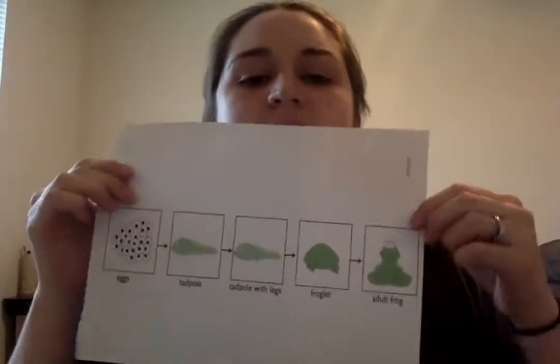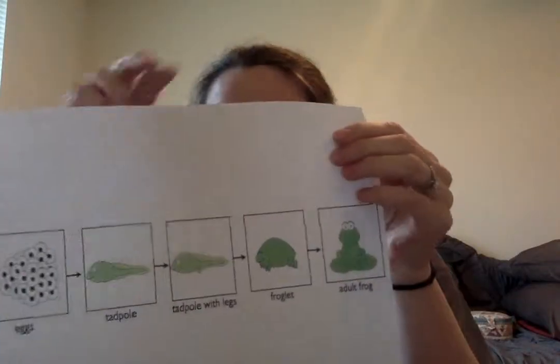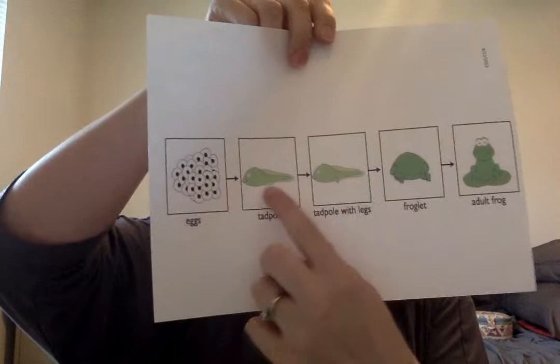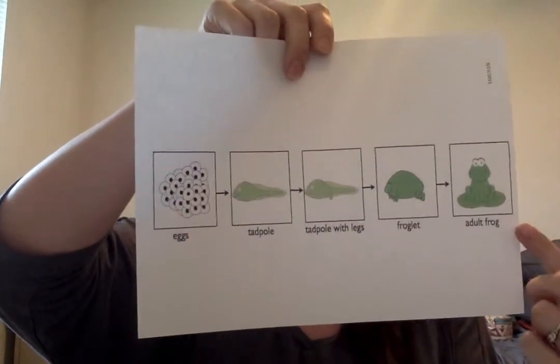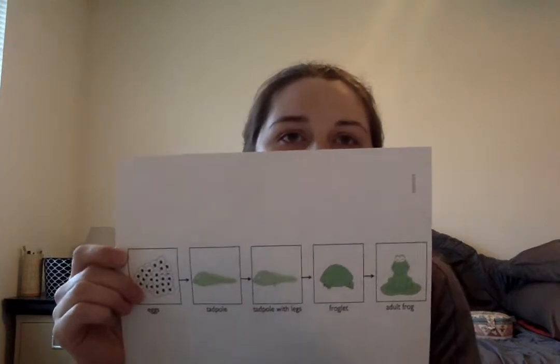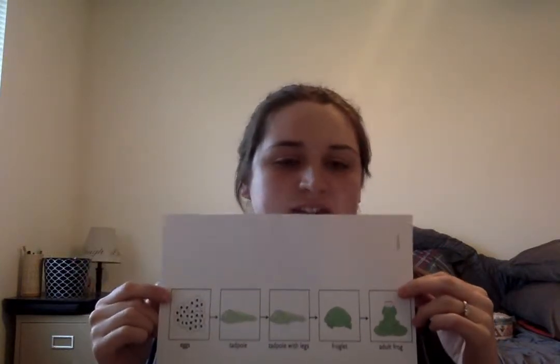So the final phase is the adult frog. Now, I see 1, 2, 3, 4, 5 phases in the frog's life. And you guys are going to practice these phases with me after we add it to our chart.